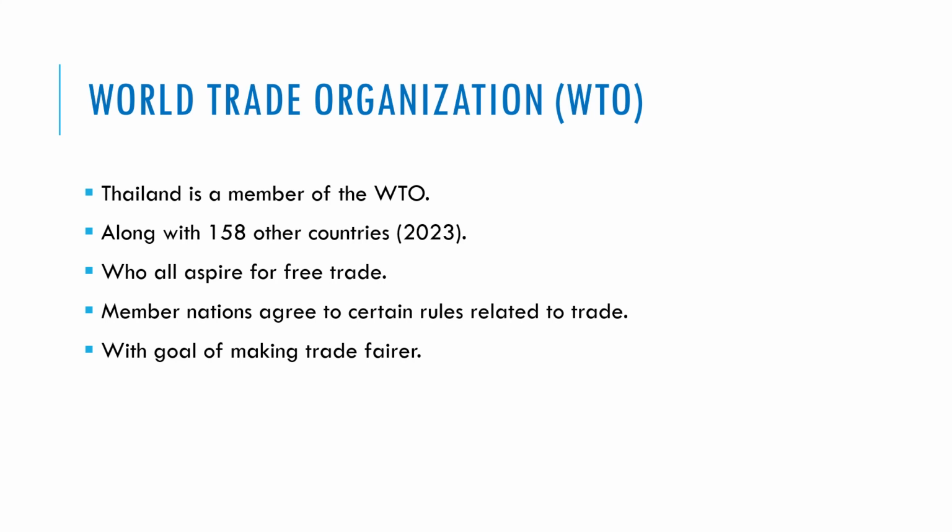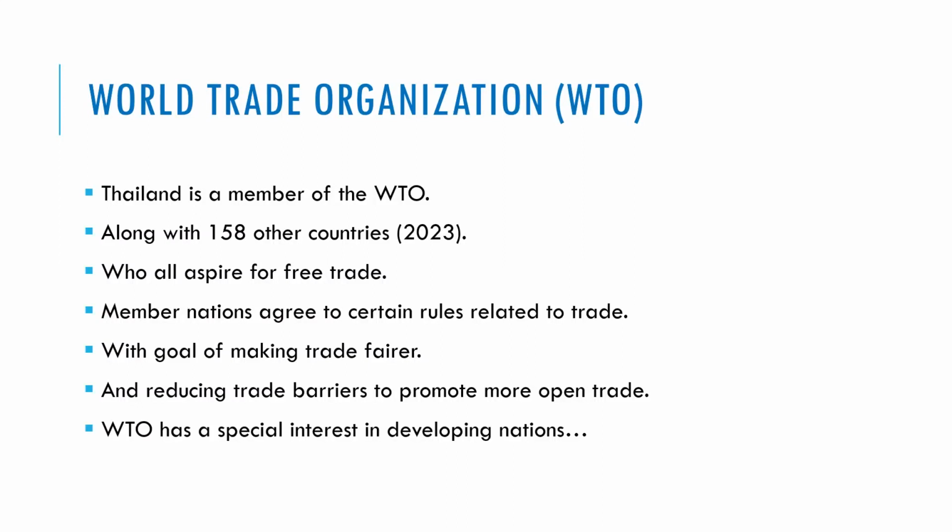So Thailand, along with a whole bunch of other countries in the world, are working on promoting trade and making it fairer. That means reducing trade barriers to promote more open trade. So if you're a member of the World Trade Organization, there are going to be certain rules related to trade, and it defines the rules of the game in a way to make trade a little fairer, to promote trade openness.